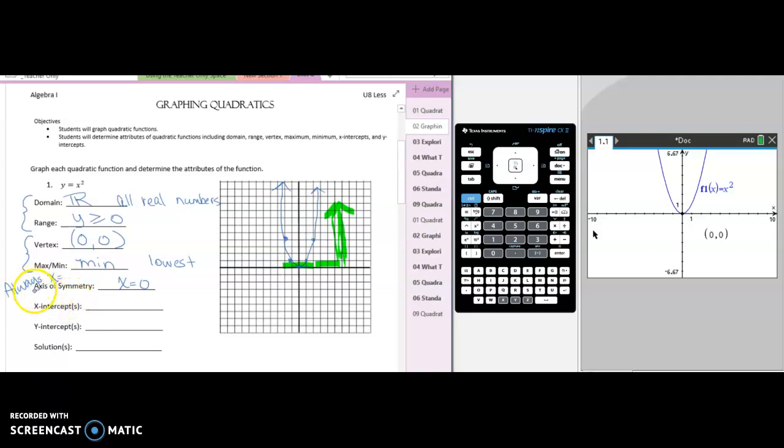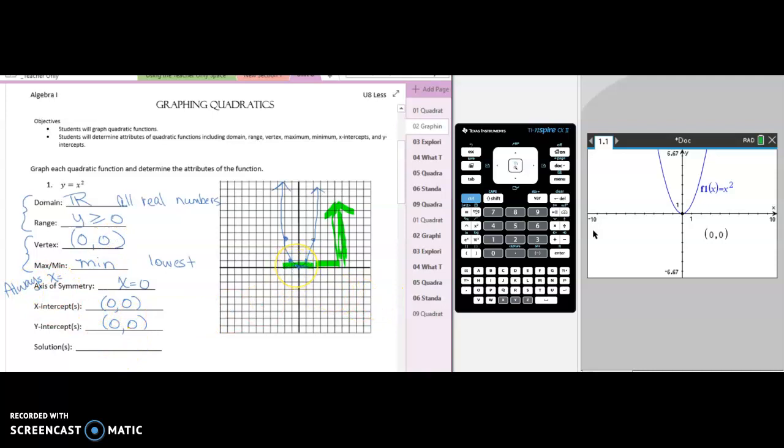Now, x-intercepts: where does it touch the x-axis? It touches right here at the origin, so my x-intercept is at 0, 0. And my y-intercept, again, it touches the origin, so it is at 0, 0. And then my solutions.